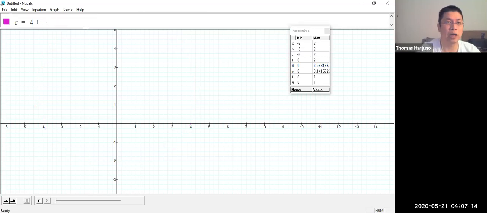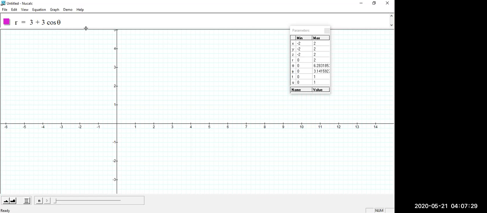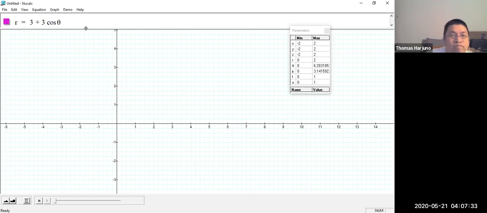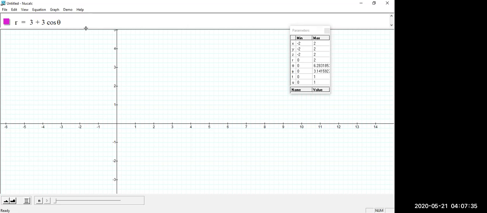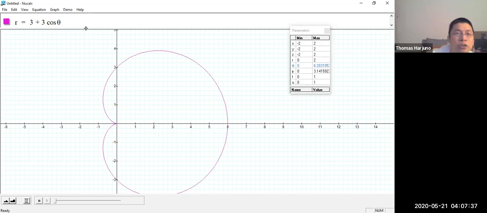Now, suppose I change it to 3 plus 3 cosine theta. Symmetric to which axis? The x-axis. Do we have a loop? No, but it will touch the origin.